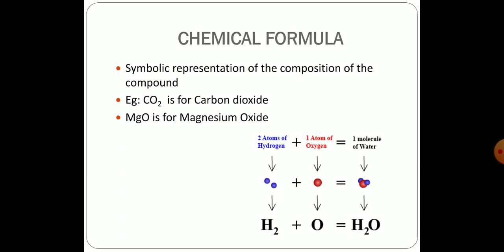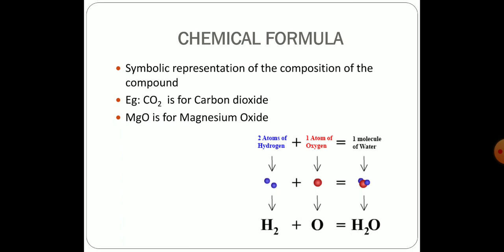We already saw that one atom of carbon and two atoms of oxygen combine to form carbon dioxide. For magnesium oxide, we have one atom of magnesium and one atom of oxygen. And for water, we have two atoms of hydrogen and one atom of oxygen.